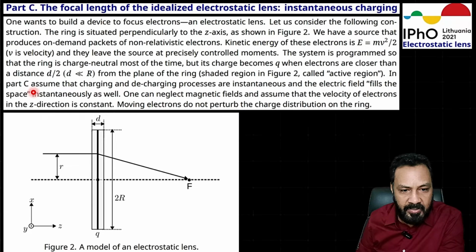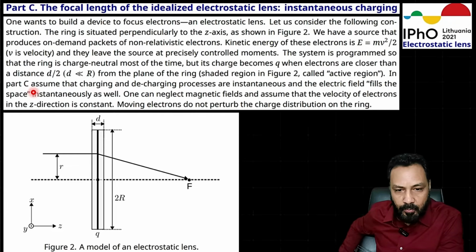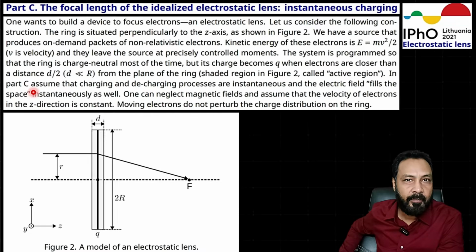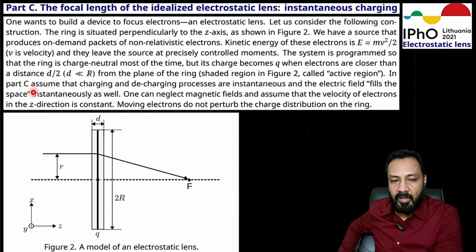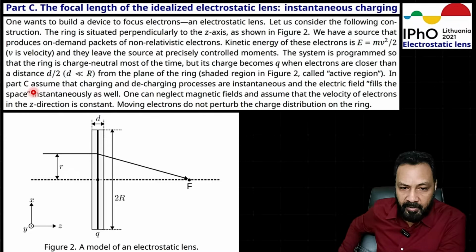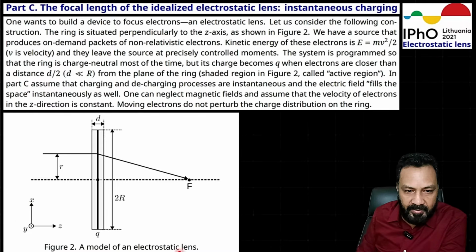In this part, we have to assume that the charging and discharging take place simultaneously, with the electric field in the space changing immediately as it gets charged, and we have to neglect the effect of the magnetic field. So that is the setup of the question.